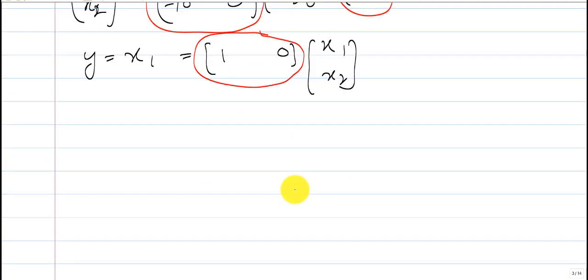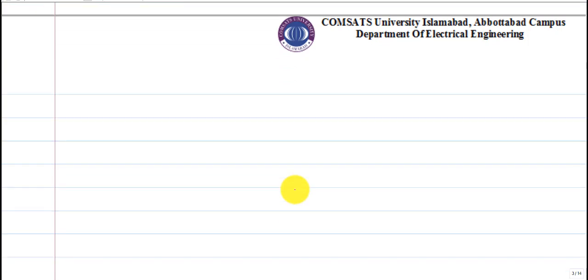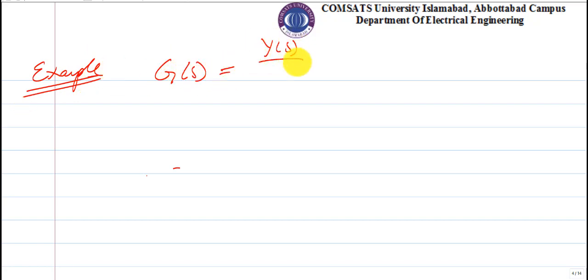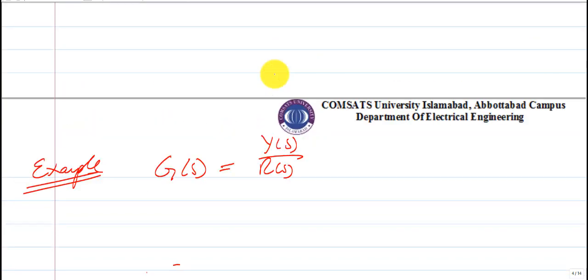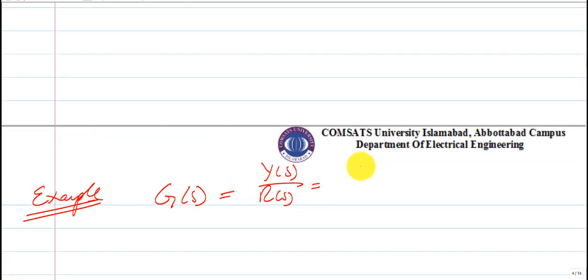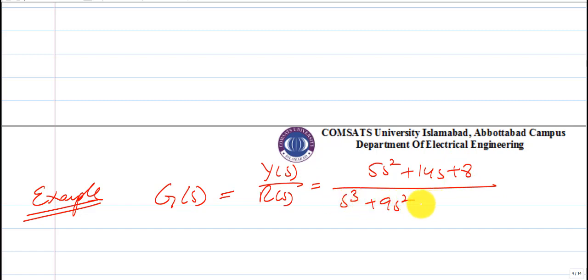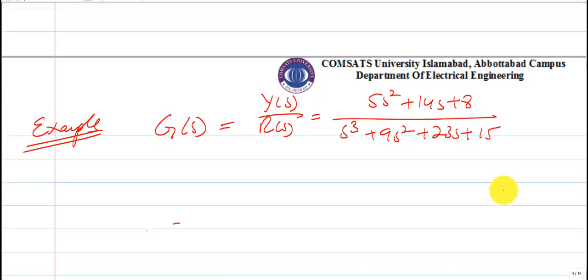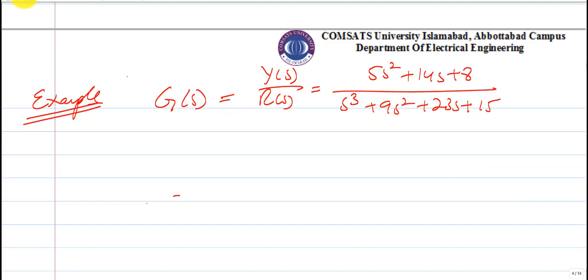Let's solve another example with a third order system. G(s) equals Y(s) over R(s), which is equal to (5s² + 14s + 8) divided by (s³ + 9s² + 23s + 15).